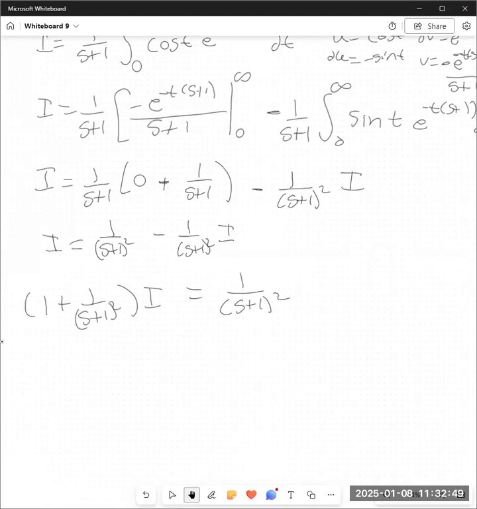Let's make a single fraction on the left-hand side.